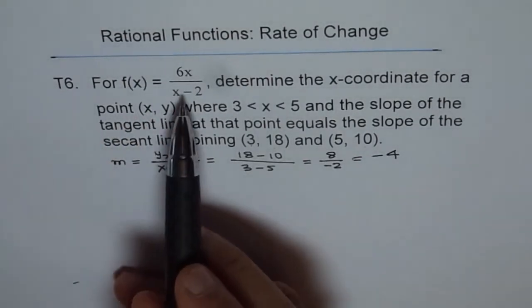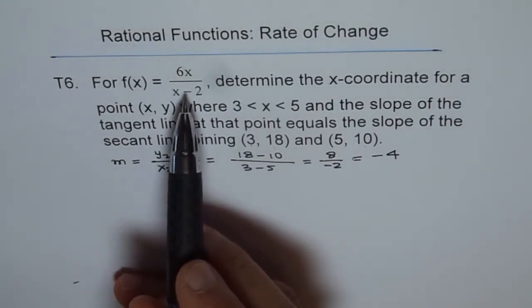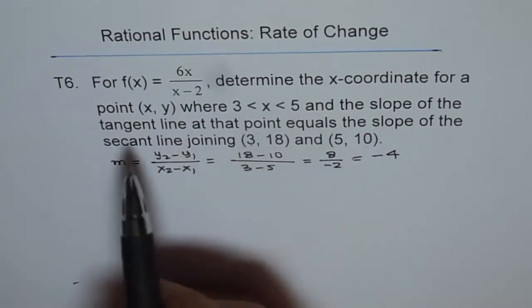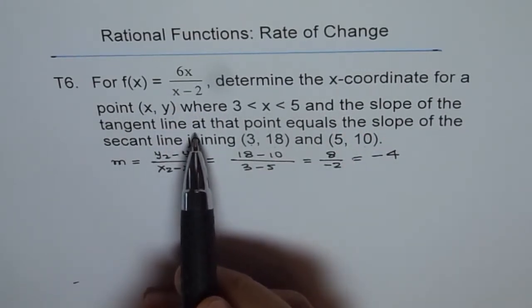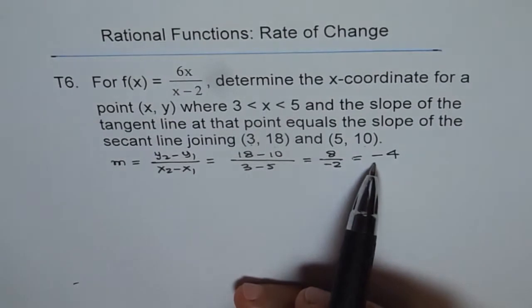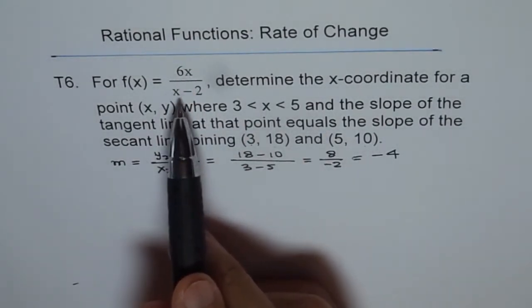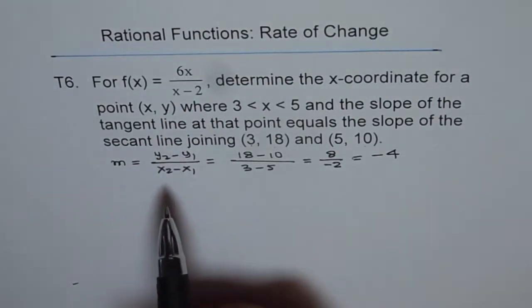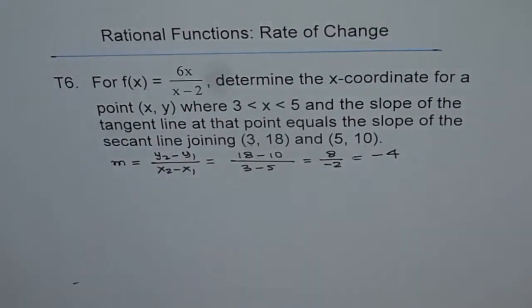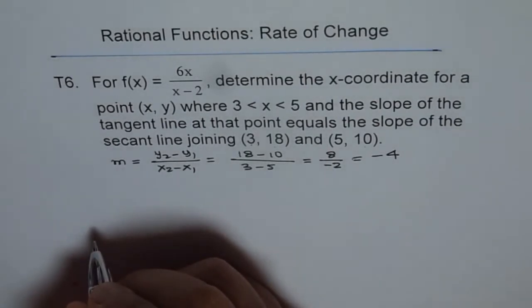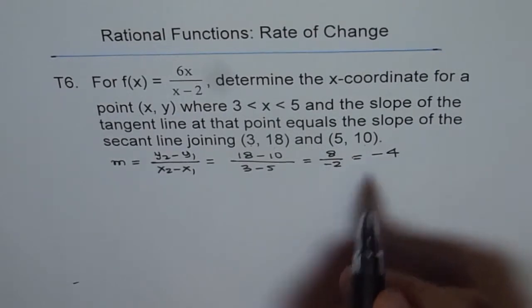Now to find the slope of a tangent line that has a slope of minus 4 and is tangent to the function 6x divided by x minus 2, we'll take a general point because we really don't know what that point is, right? The whole idea is to find that point. So we'll use the difference quotient method here to find the point where the slope is minus 4.